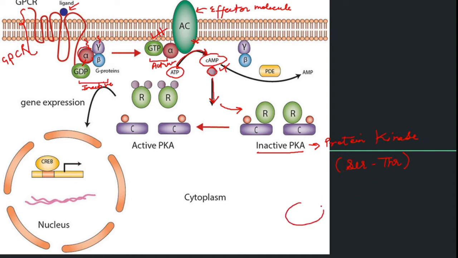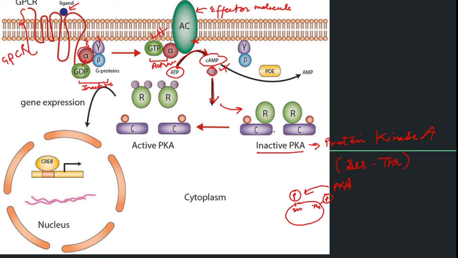Suppose this is a protein, then PKA will phosphorylate this protein on the serine threonine residues of this protein. If there is a protein having so many amino acids, protein kinase A will perform the phosphorylation of a protein on serine and threonine amino acids.